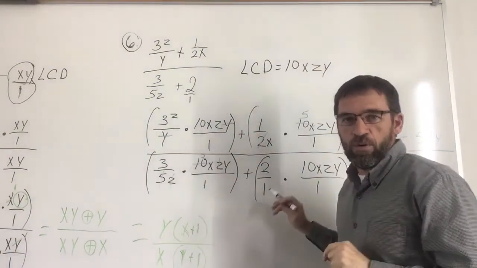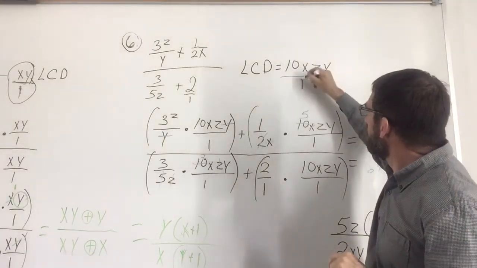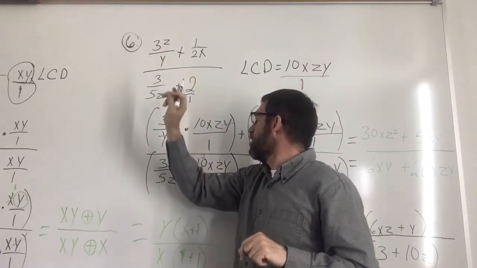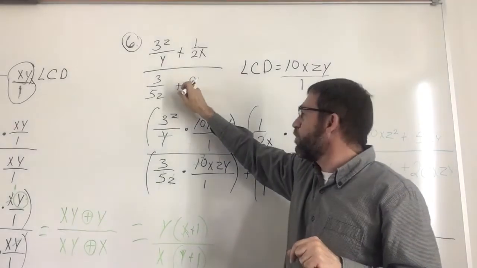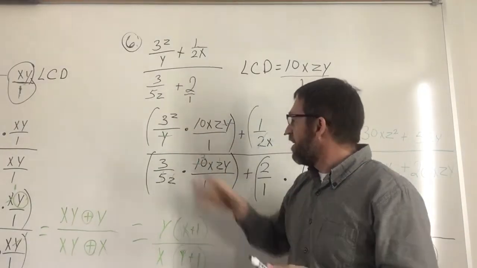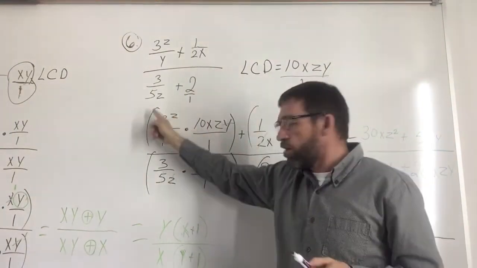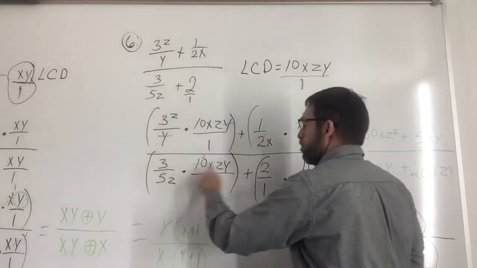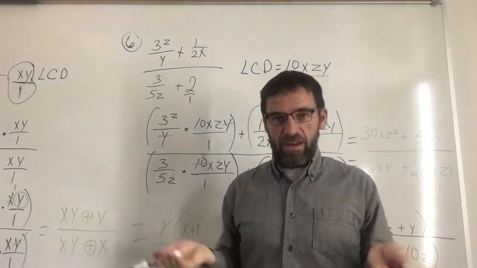Now, the next problem that I brought down, I have to multiply, and I put a 1 underneath here. 10xzy times this, 10xzy times this, 10xzy times this, 10xzy times this. I did them right here, and I put them on the board for you. And I put parentheses here so that you can kind of separate them, okay? I'm multiplying, because the only thing I'm doing, I'm just making them like denominators.